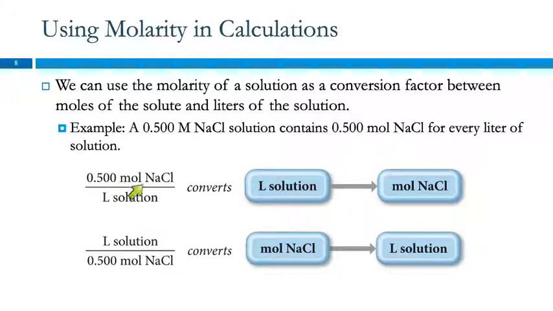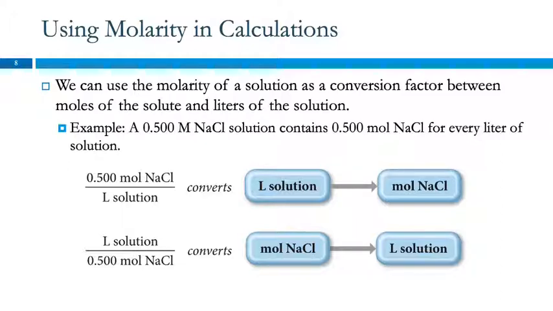We can use that if we have the amount of liters of solution and we want to know the moles of solute. Or we can invert this, and that will allow us to convert from moles of sodium chloride to liters of solution. Because we might need 2 moles of sodium chloride for a particular reaction, and we can use the molarity to figure out what volume of this solution I need to measure out.